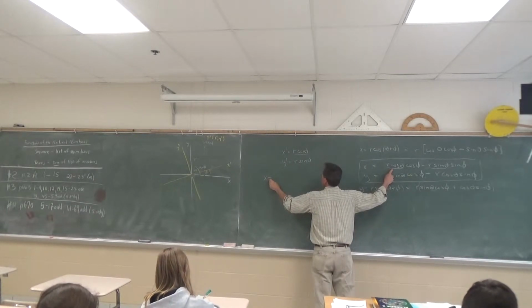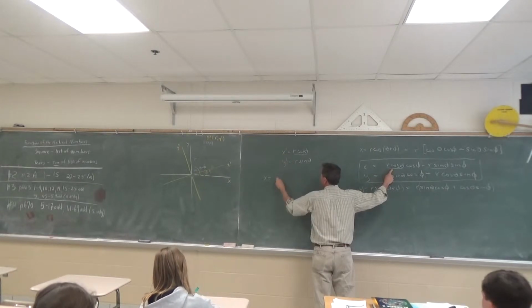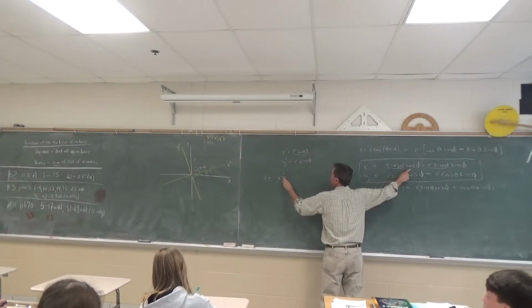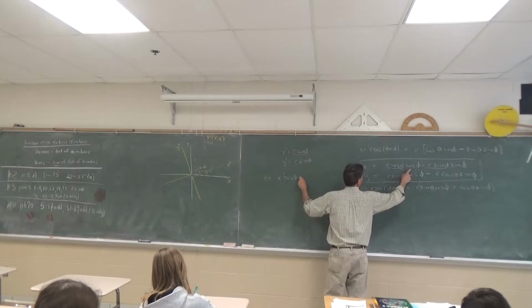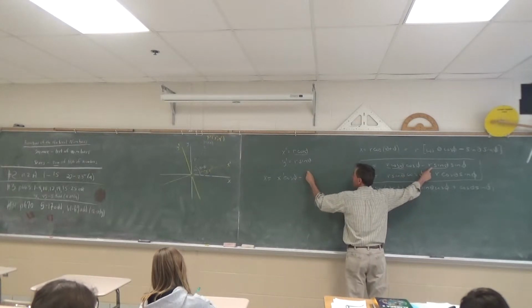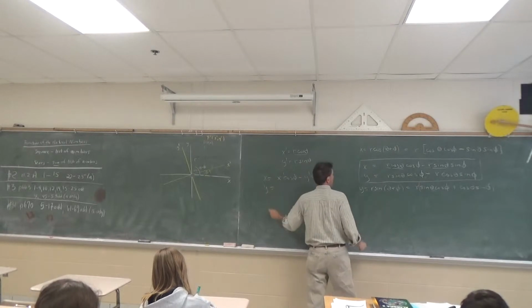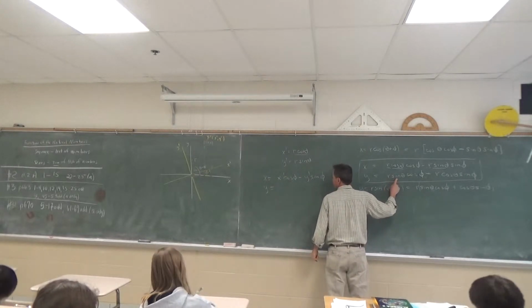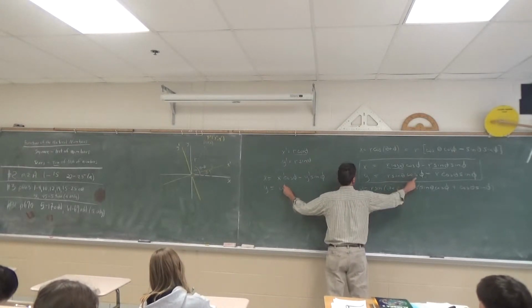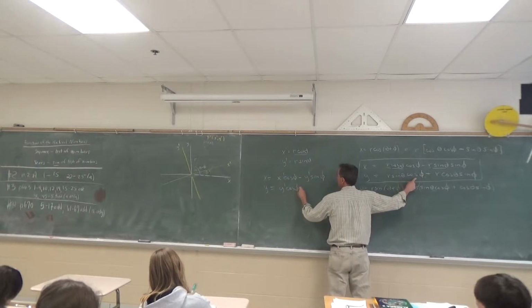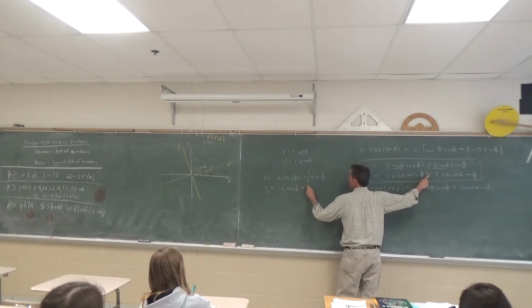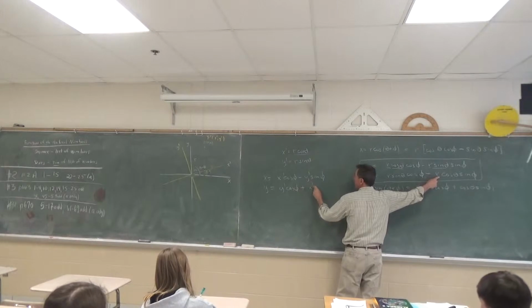So I know x equals r cosine theta, x prime, cosine phi, minus y prime sine phi. And y equals y prime cosine phi plus x prime sine phi.